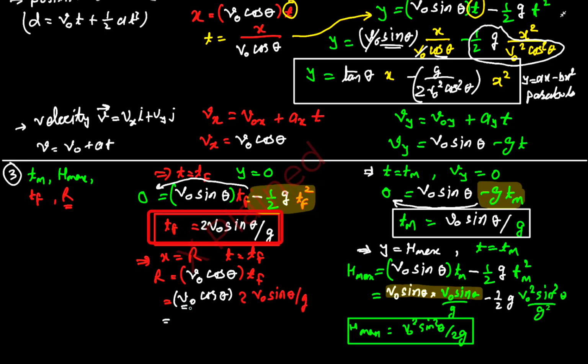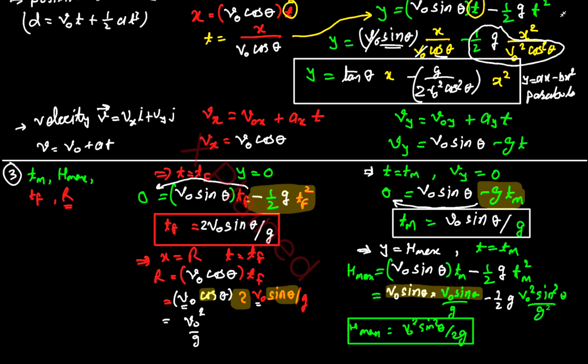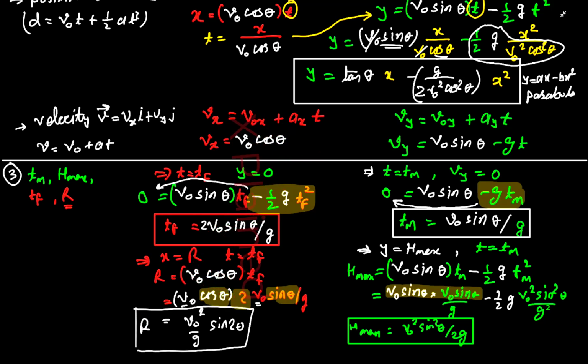So here we have v0 into v0, or we can say v0 square upon g, and in trigonometry 2 sine theta into cos theta is nothing but sine 2 theta. So we get the equation of range. So tada! Here we complete our projectile motion.